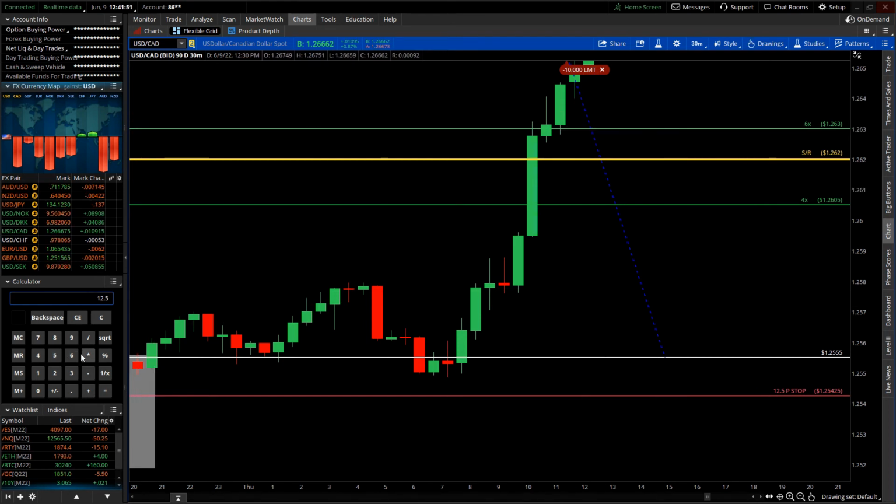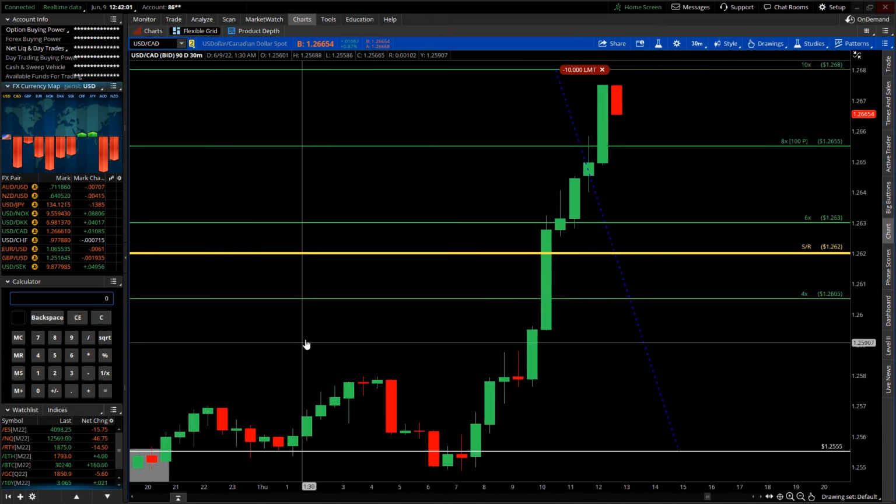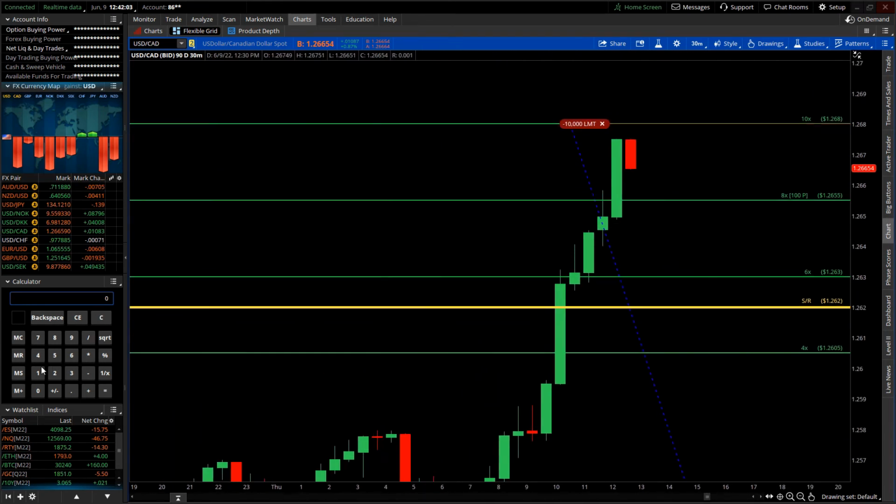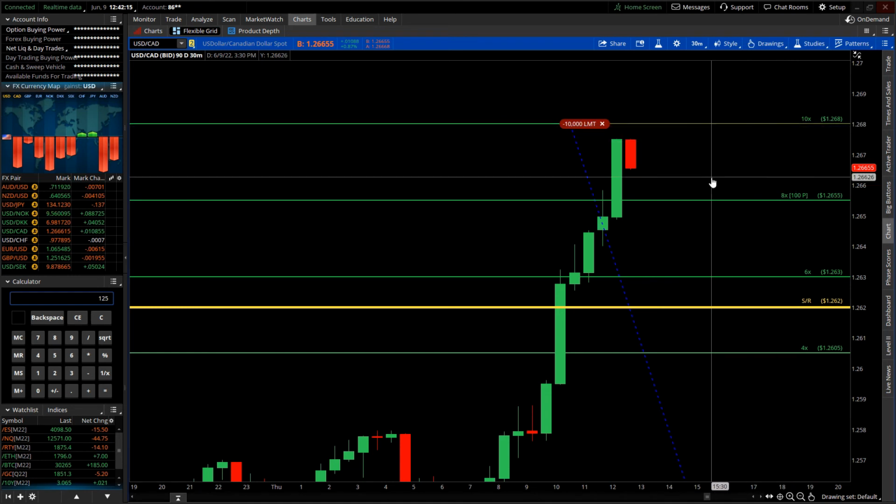So if my risk reward was 8 times, then that's the 100 pips right there. And if I'm able to close that out at 10x, right? So I was risking 12.5 times 10. It's 125 pips is what I have pegged for this 10x risk to reward level right here.